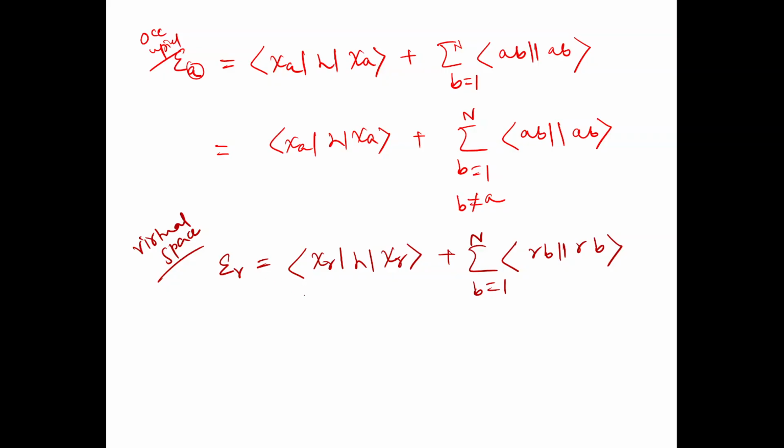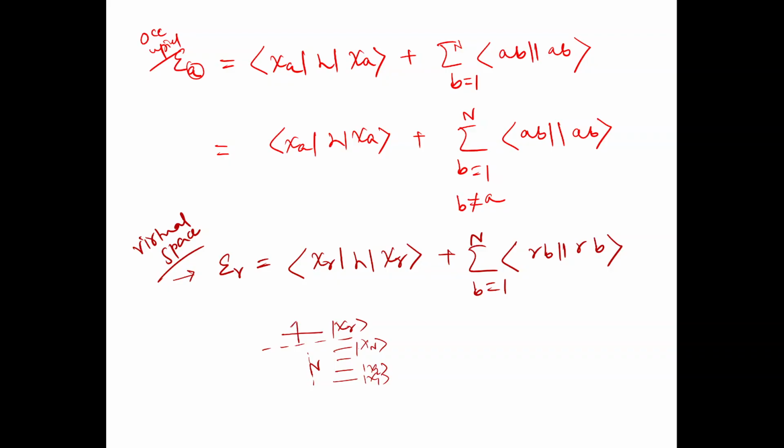Now, what does that mean? So this ER actually looks like, let's say this is your chi R, and there are n number of spin orbitals, chi 1, chi 2, up to chi n. So this expression, look at this very carefully.